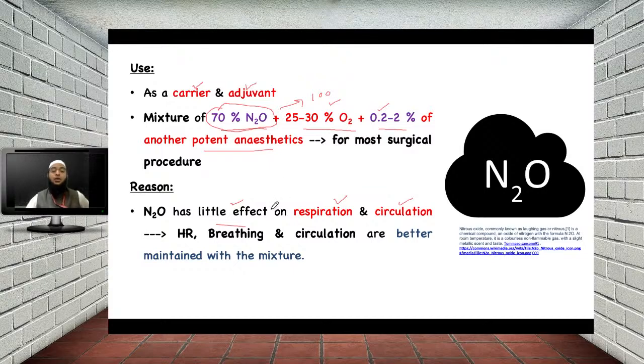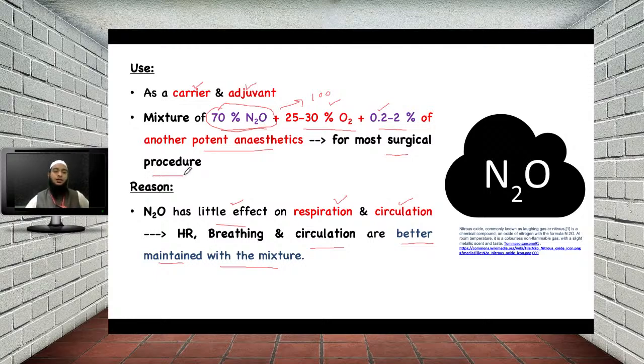By using this mixture of gases, the heart rate, the breathing and circulation are better maintained, and there is no risk to the patient. Since there is no risk to the patient, it is better to use nitric oxide as a mixture rather than as a sole agent, especially for most major surgery.